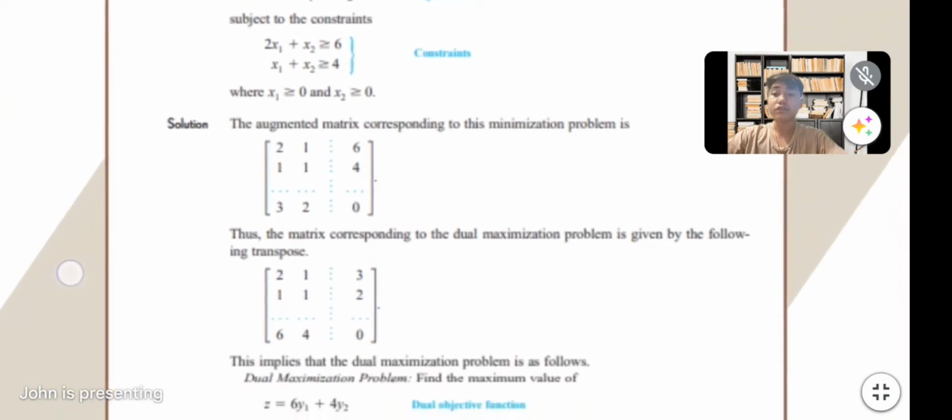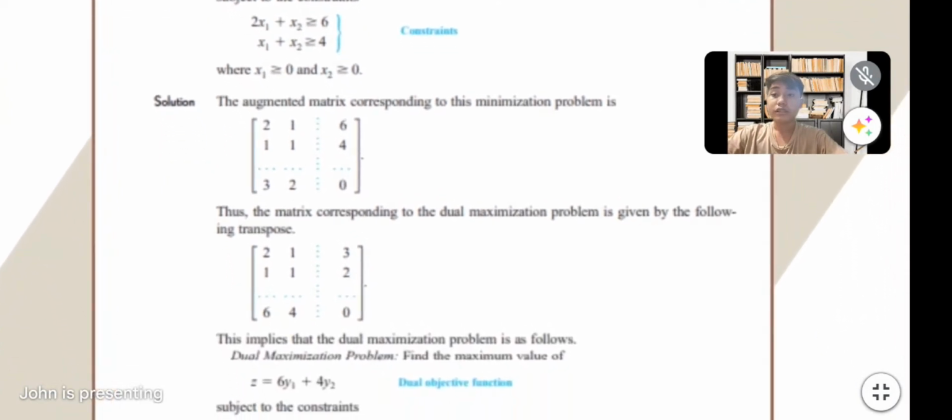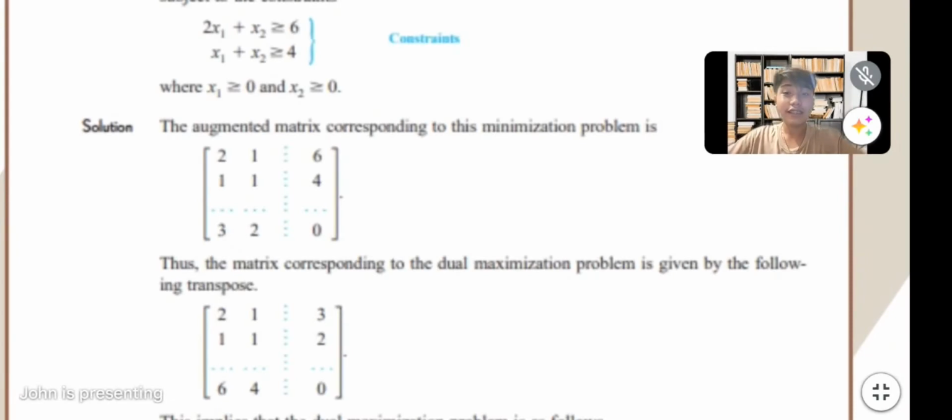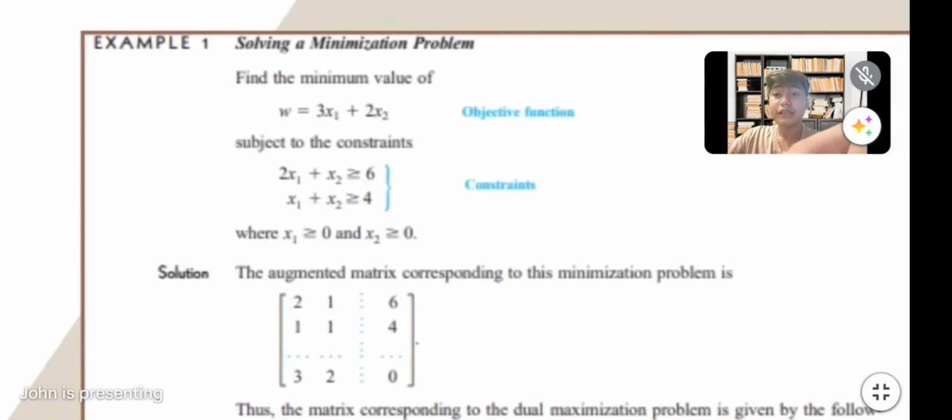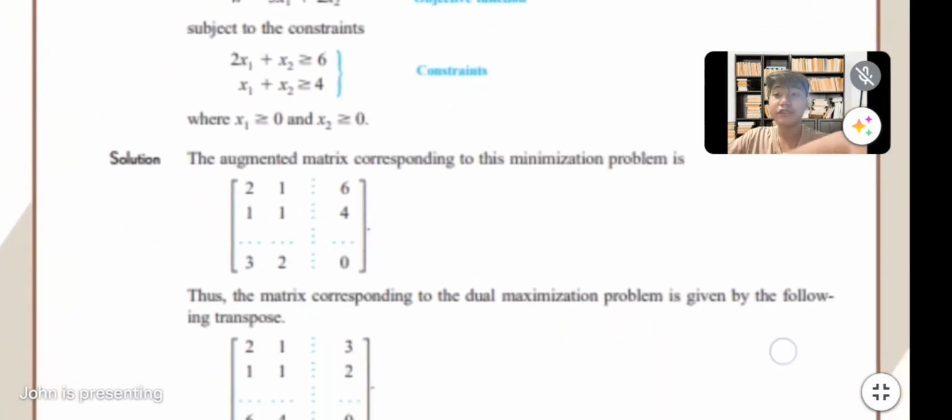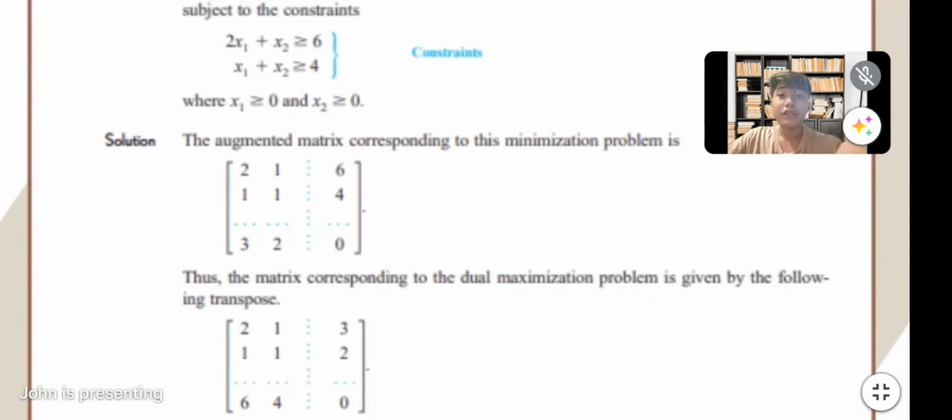So the solution: the augmented matrix corresponding to this minimization problem is shown in the table below.